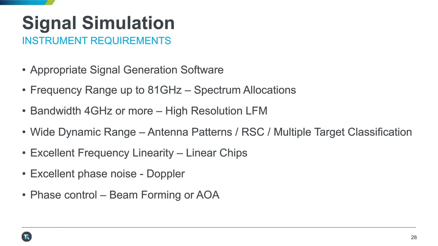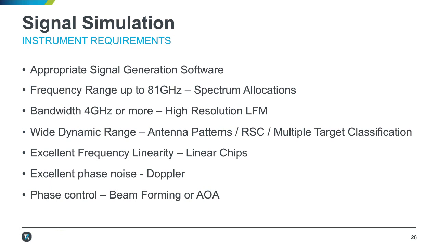We need to be able to generate bandwidth up to 4 gigahertz or even more, as we see the requirement for resolution get more and more. You need the dynamic range, as I've talked about. You need to simulate antenna patterns, radar cross sections. You need to have enough range to put multiple targets and to be able to classify them in terms of distance and amplitudes.